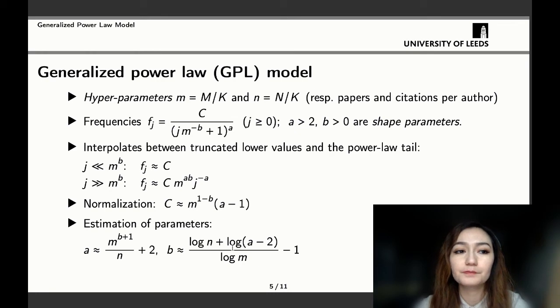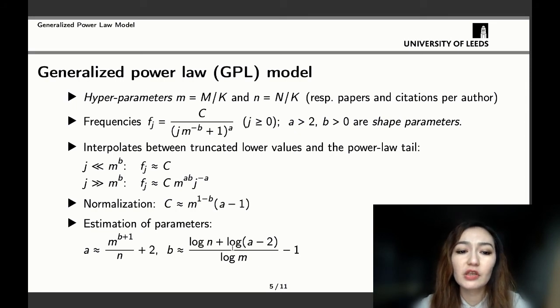Then the citation frequencies Fj is given by C over J plus M to the power of minus B plus 1, then to the power of A, where J starts from 0, and A and B are shape parameters here.